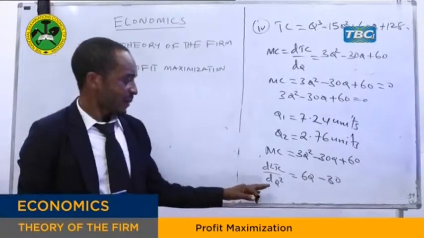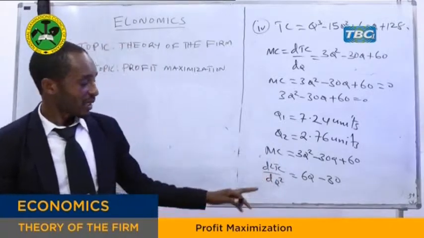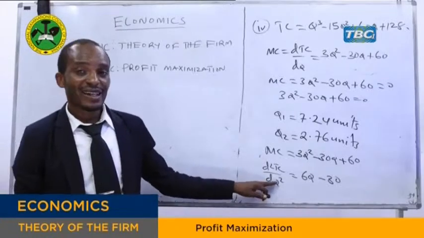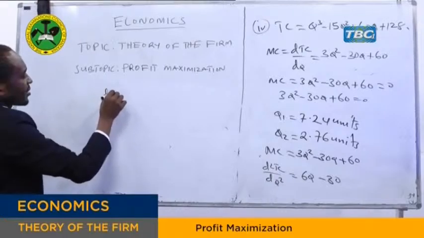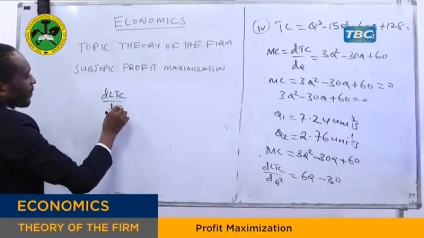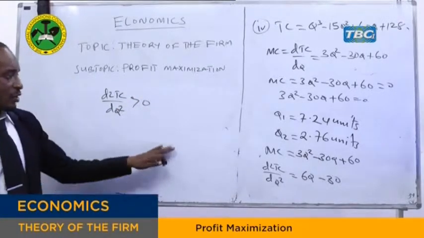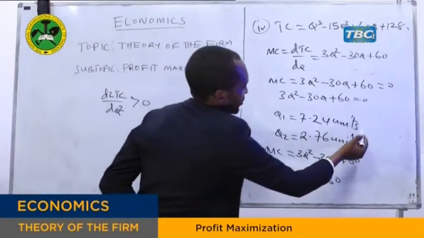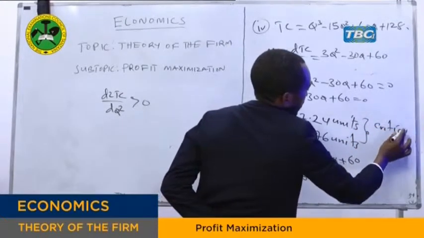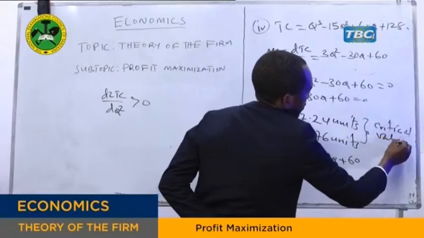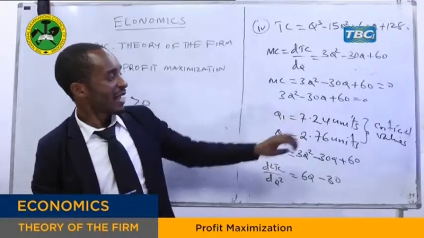So in order to find the minimum cost, the second derivative should be greater than 0. So the d square TC over dQ square should be greater than 0. So here are our critical values, which we obtained when the cost is minimized.